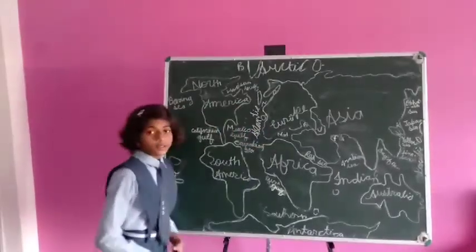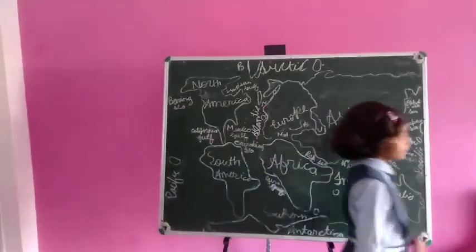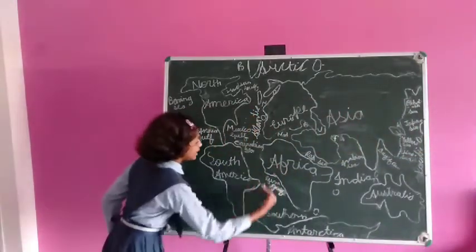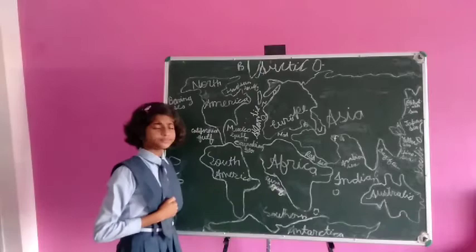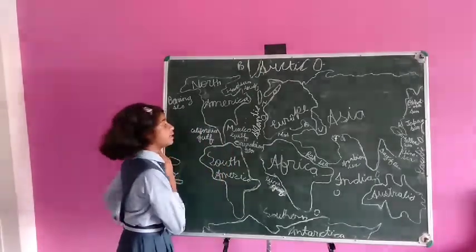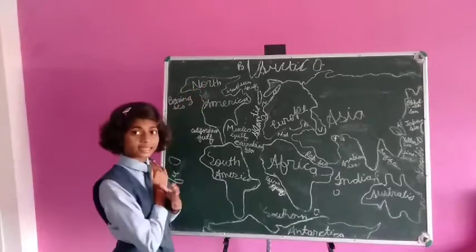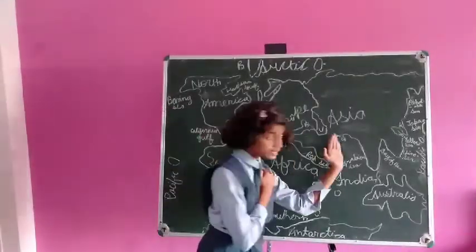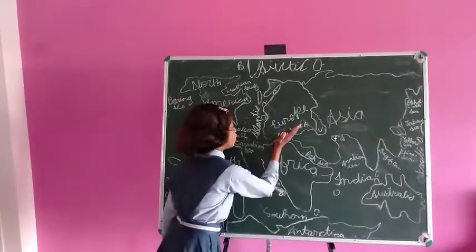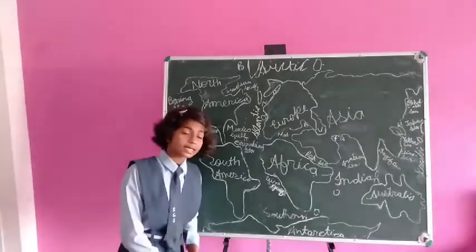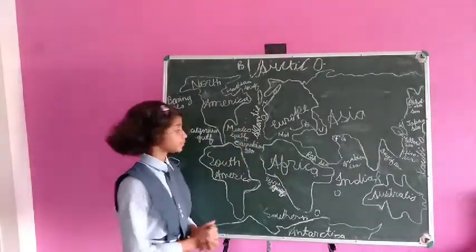Now, the surroundings of this ocean, as you can see here, this is the Atlantic Ocean, and at the west it is surrounded by North America and South America. At the east, it is surrounded by Europe and Africa. So, this is the surrounding of this ocean.